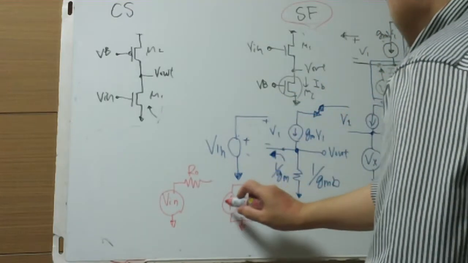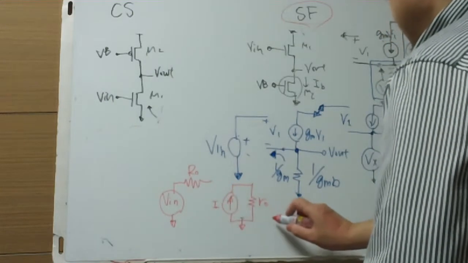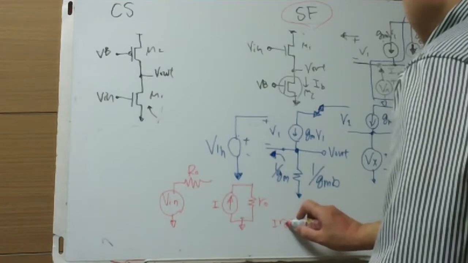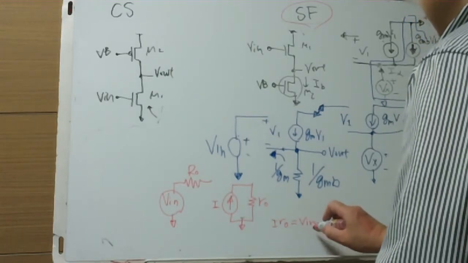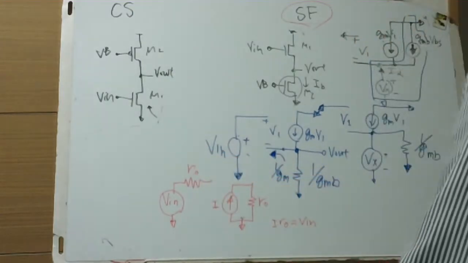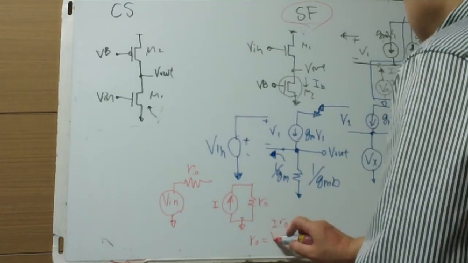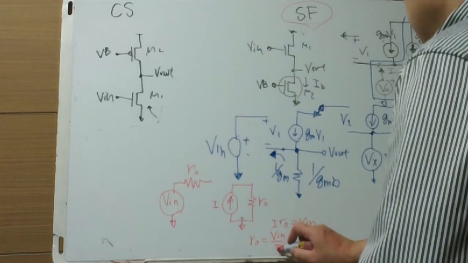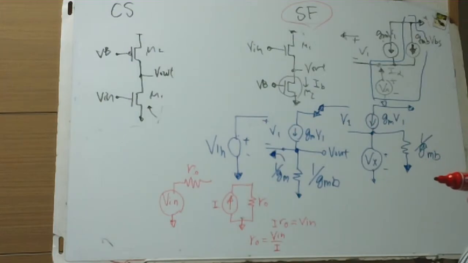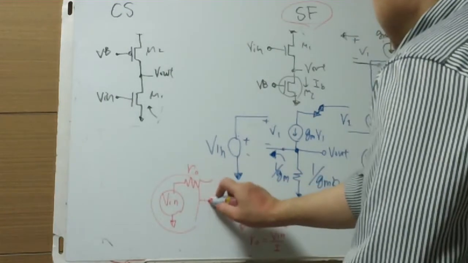Well, this current, if this is I, R0 equals V in over I. So R0 equals V in over I. This is the Norton equivalent of this Thevenin equivalent.